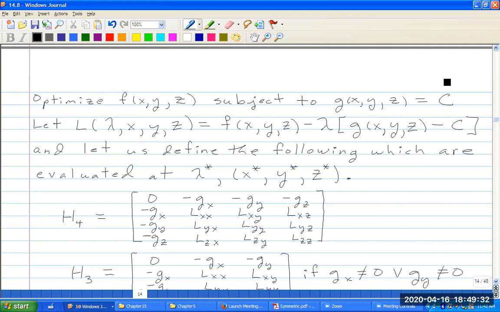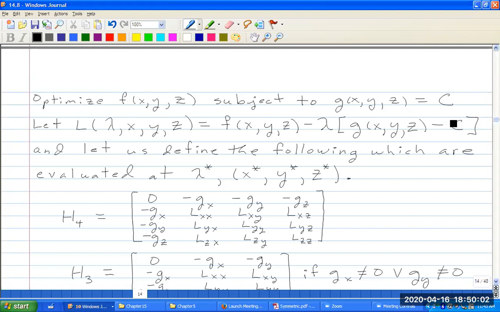Again, you form this Lagrange function, L of lambda, x, y, z. So again, remember, you put the lambda first. If you remember that, then everything else comes out the same as what you did before. L equals f of x, y, z minus lambda times the quantity g of x, y, z minus c.